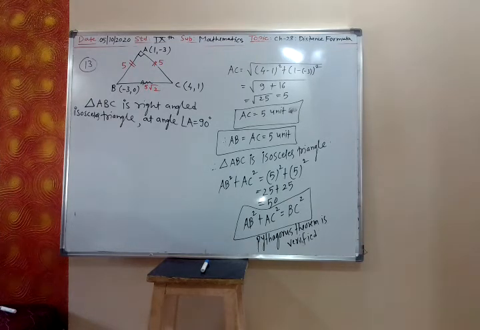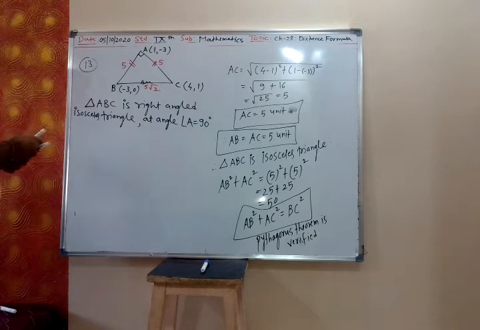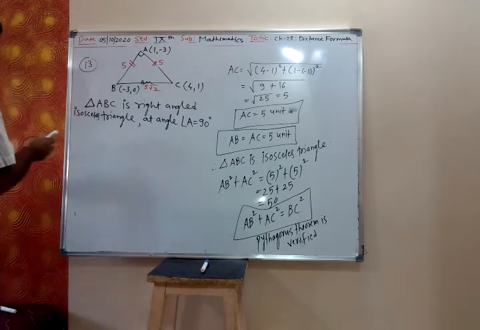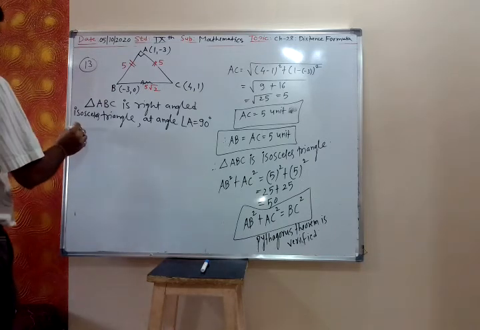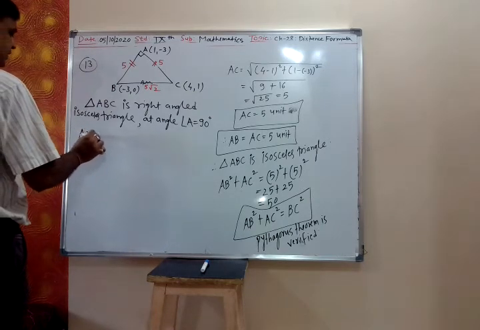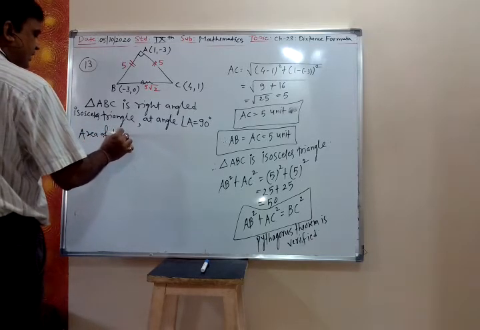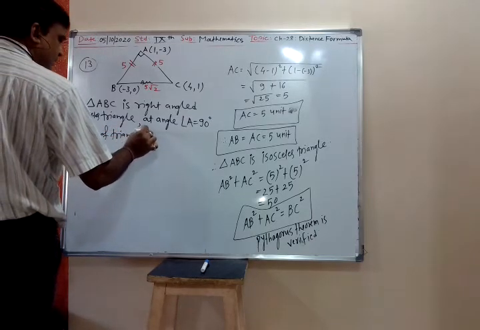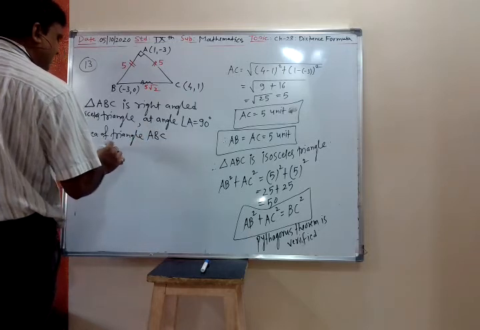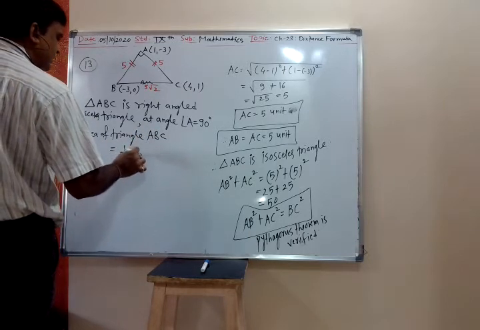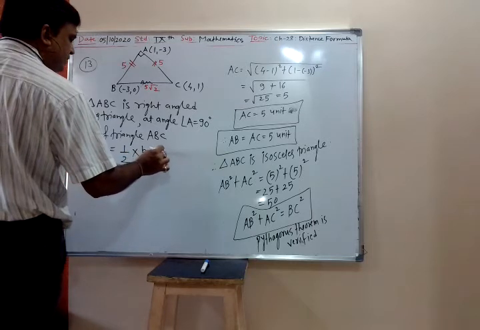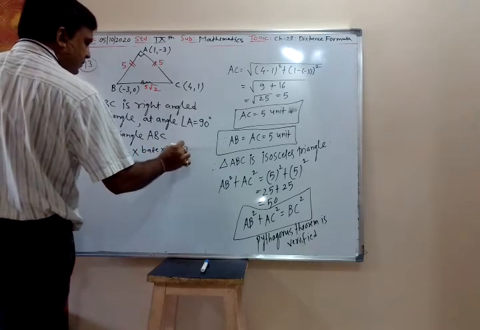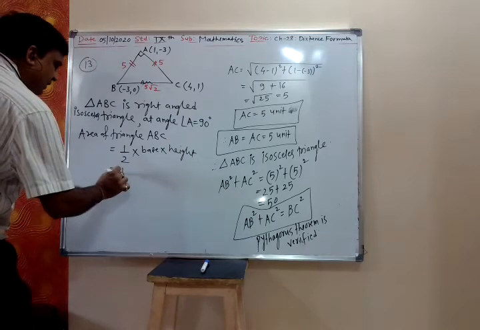Now it is asked, find the area of the triangle. For the given triangle ABC, whenever it is a right angle triangle, we can write area as half into base into height.